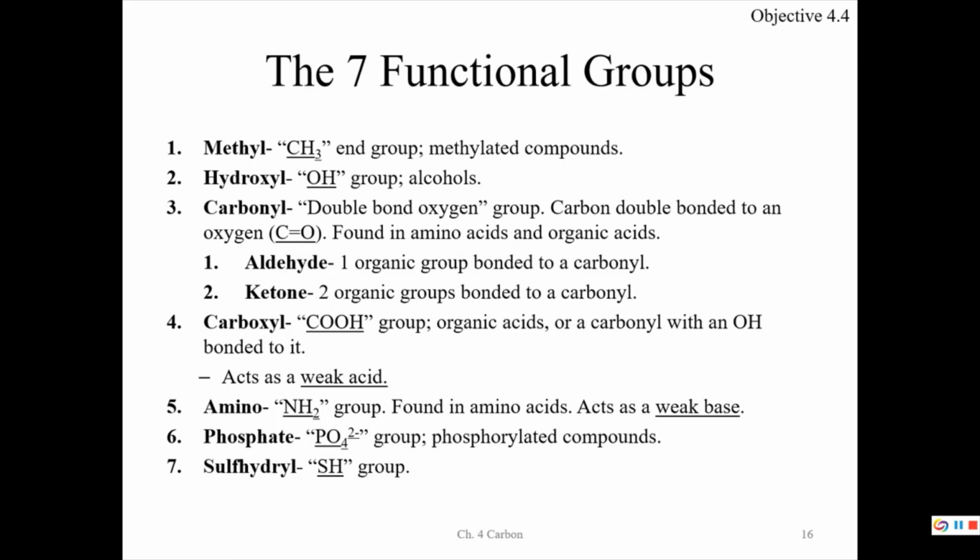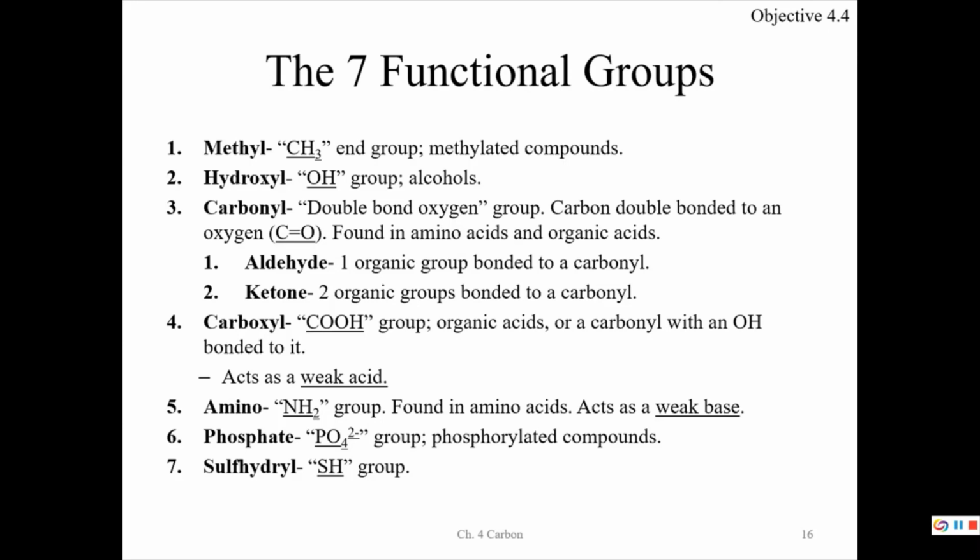Carboxyls are COOH. You have a carbonyl, basically, with an OH bonded to the carbon. These are weak acids. They are found in organic acids. Carbonyls with an OH are found on organic acids like vinegar and things like that. Amino groups found in amino acids are NH2s.